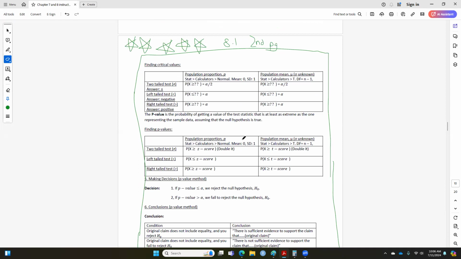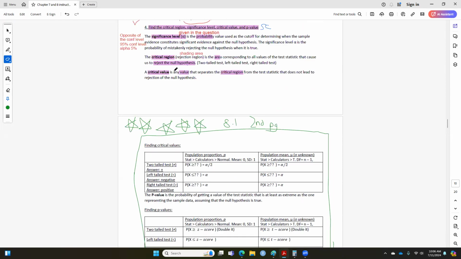The first table is what we call finding the critical value. This is the first important table here. Now, we showed you how to find critical values in 7.1.